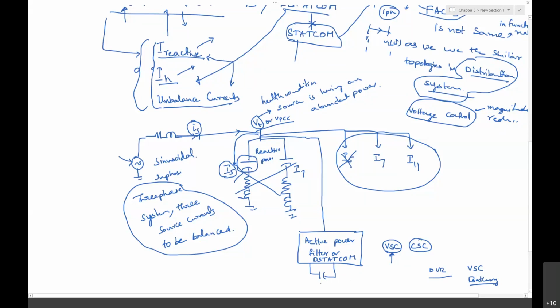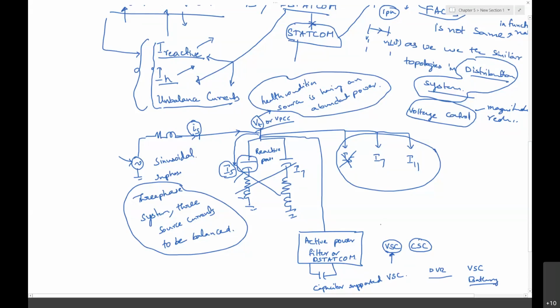We can take a capacitor here, a capacitor supported voltage source converter. These are all capacitor supported, because the source itself has abundant power.